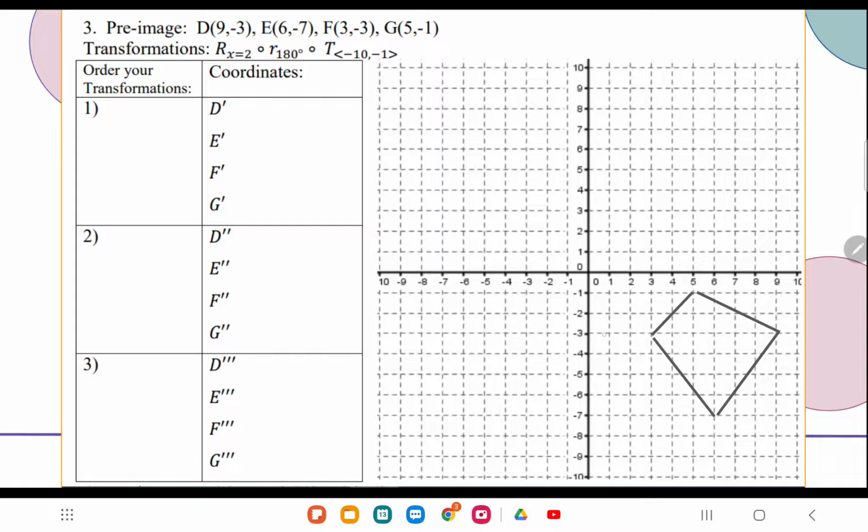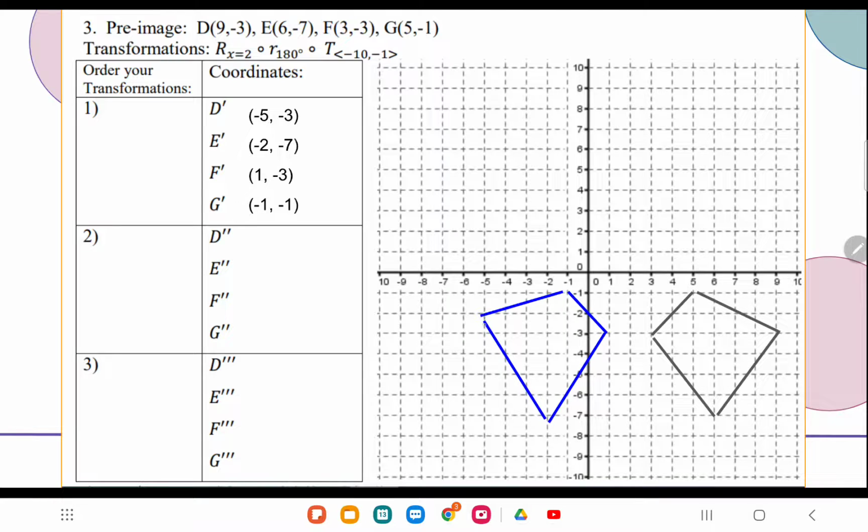This is going to reflect across that vertical line. Remember that the line of reflection is the perpendicular bisector of segments which connect corresponding vertices from the pre-image to the image. So there are my new coordinates. And there's my newly graphed figure.